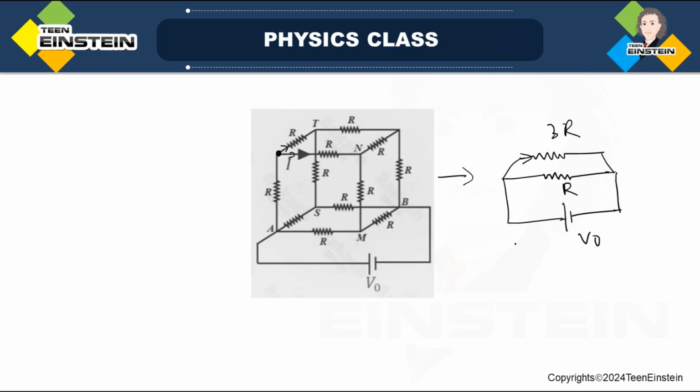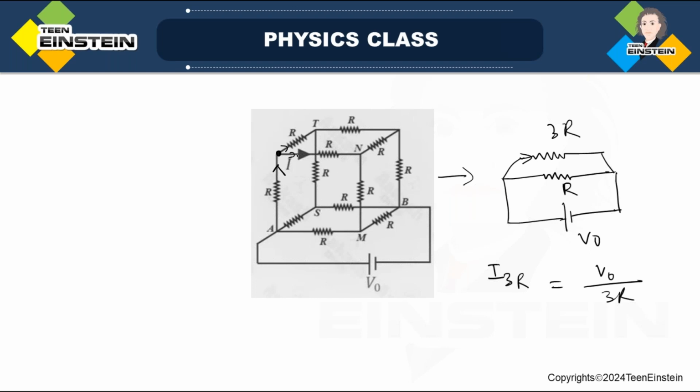Let us just find out the current through this 3R. Equivalent resistance anyway we know. So only through this R I have to find out the current. First of all, let us find out I3R. I know the voltage V0 divided by 3R. This is the current in this 3R. But look, there are actually two equal branches, so I'll get the current in this whole branch.